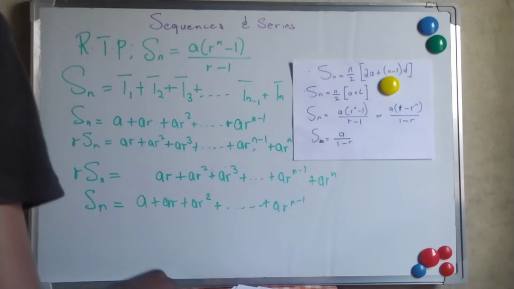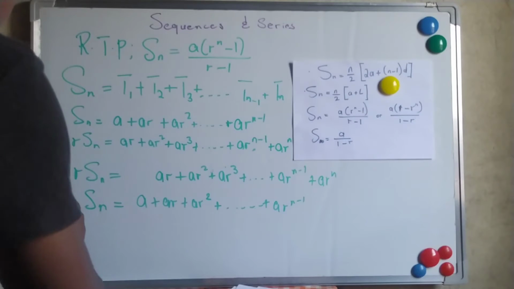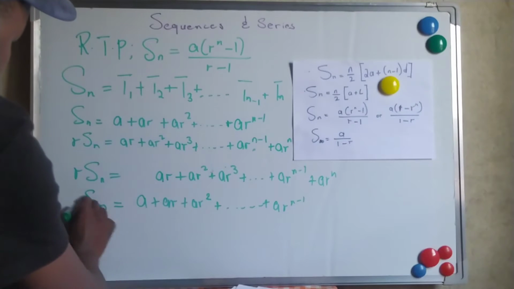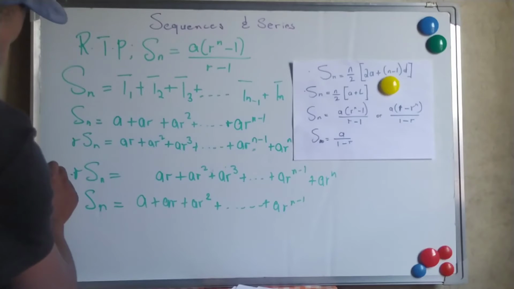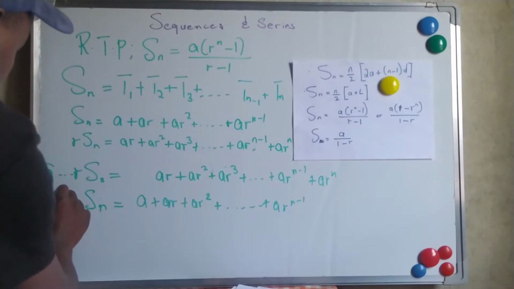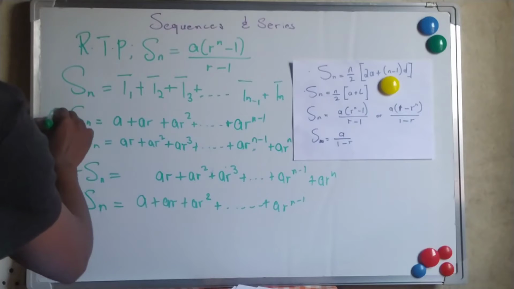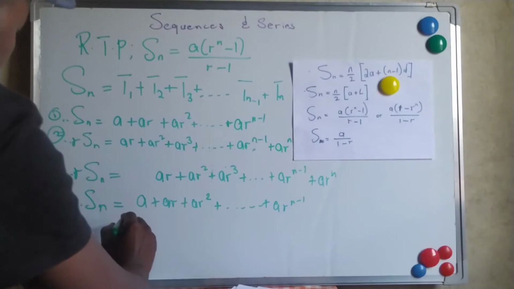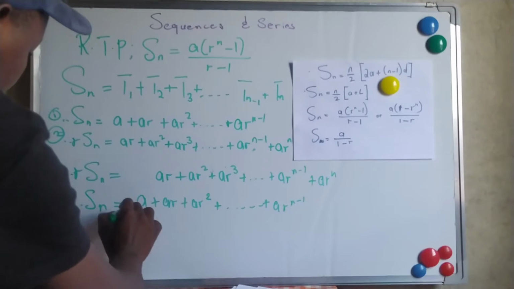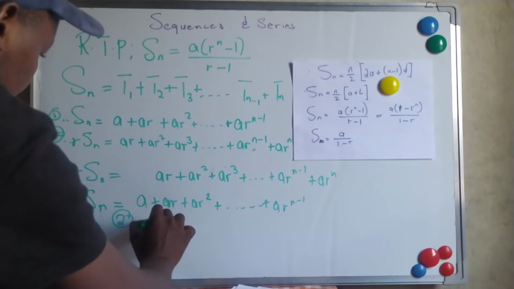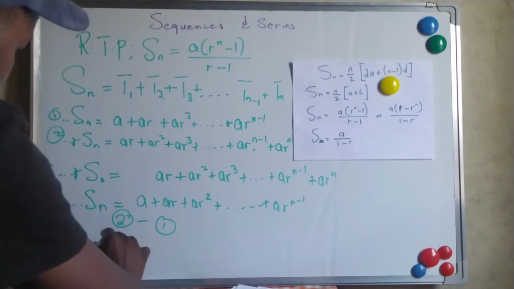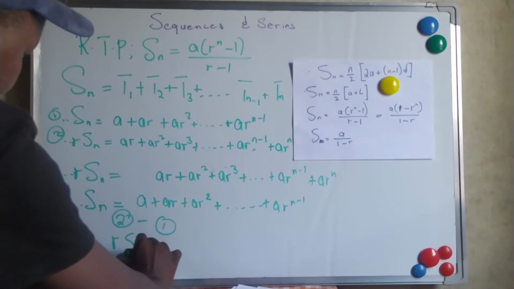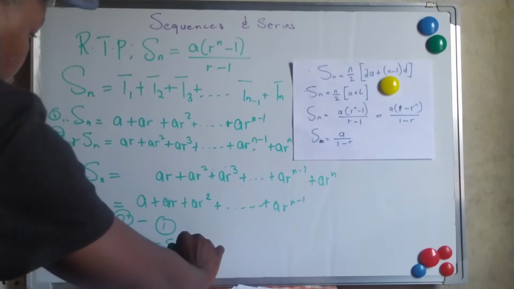So this is how we're going to proceed. If this is term number 2 and this is term number 1, we're going to say term number 2 minus term number 1, in other words rSn minus Sn.